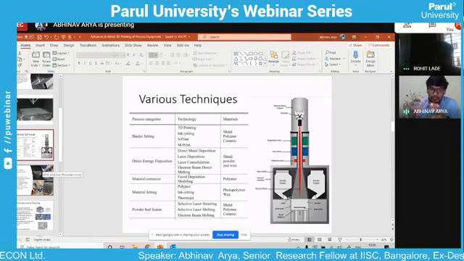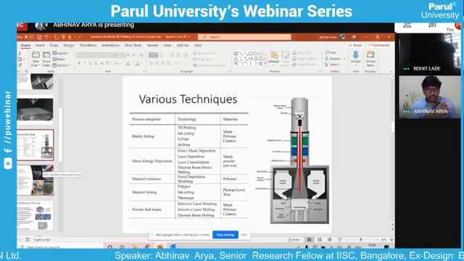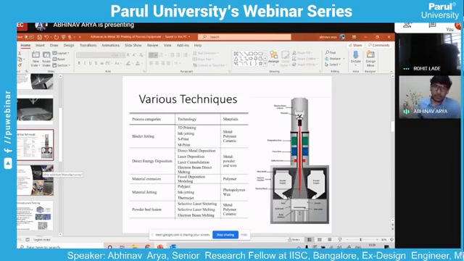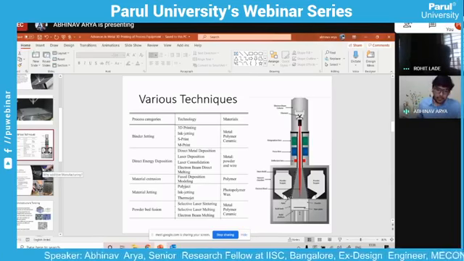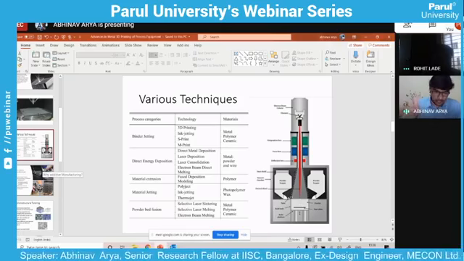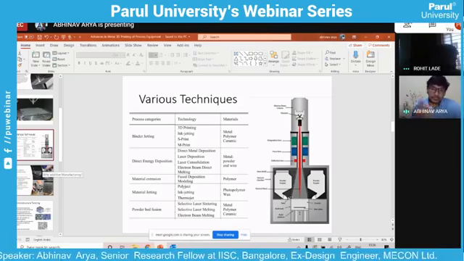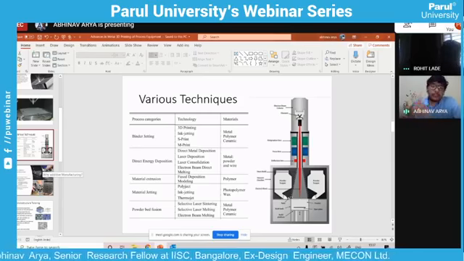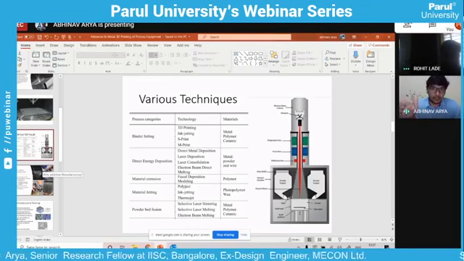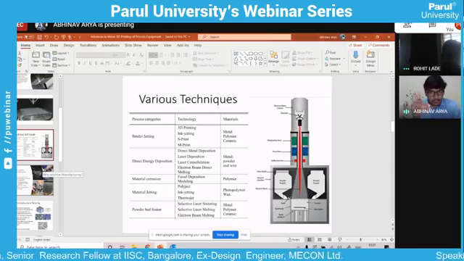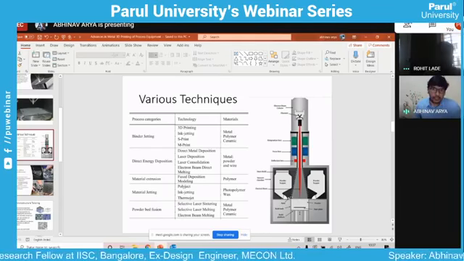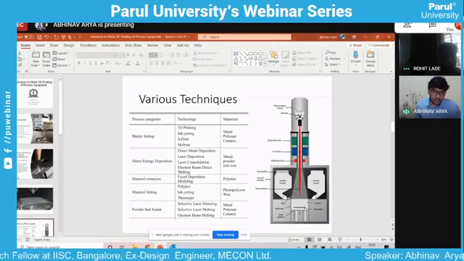So as I already told you, in many studies people are able to produce additively manufactured alloys which had better fracture toughness than the traditional counterparts, and better fatigue resistance. It's a very new technique.